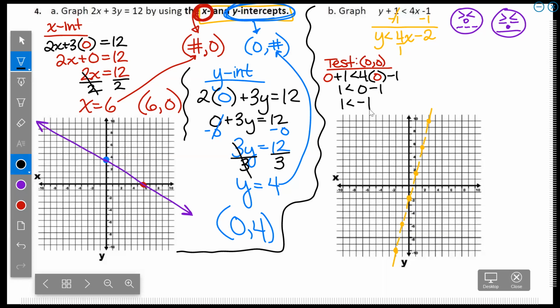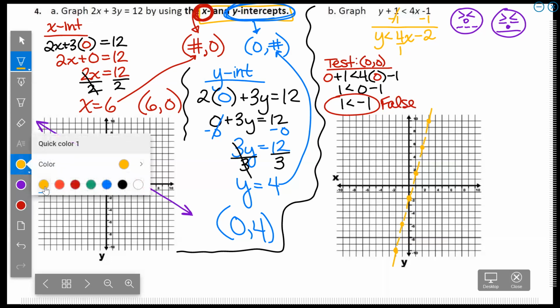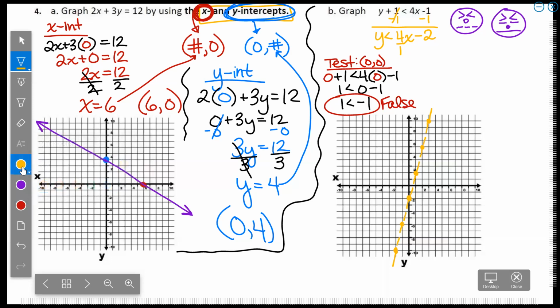Negative 1. Is that true or is that false? Is 1 smaller than negative 1? No, this is false. So I would choose to shade the side of this line where 0, 0 is not.